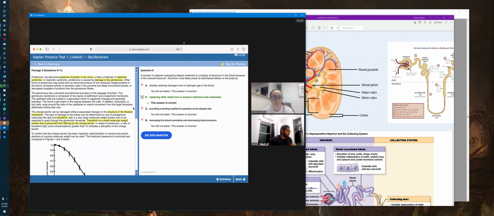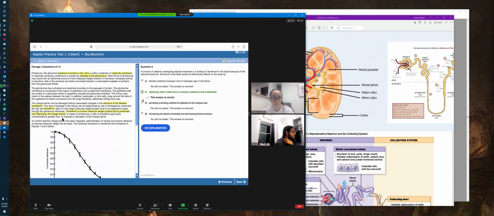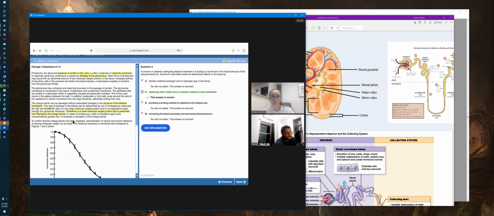Okay, all right, let's go back to this. So, an abnormal amount of low molecular weight proteins in the blood, increased activity, decreased reuptake of proteins. So if there's some type of damage that inhibits the reabsorption of the proteins, then it's going to come out in the urine.